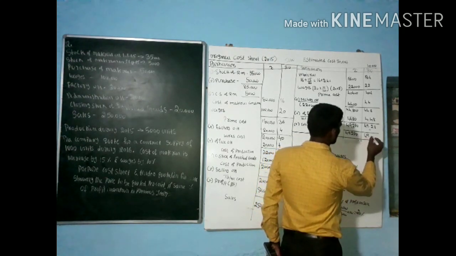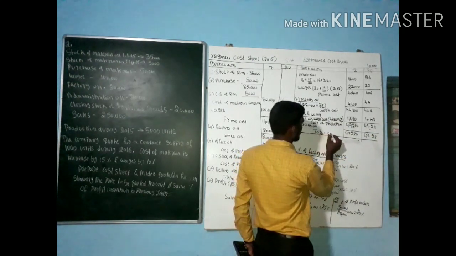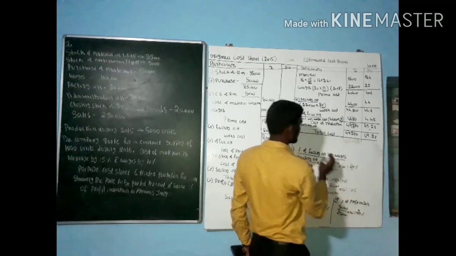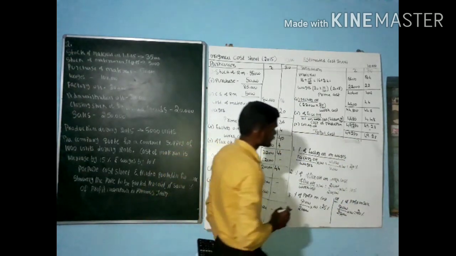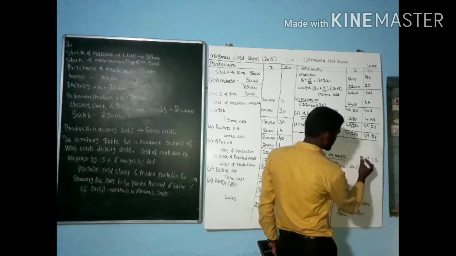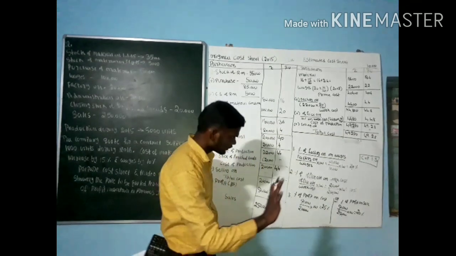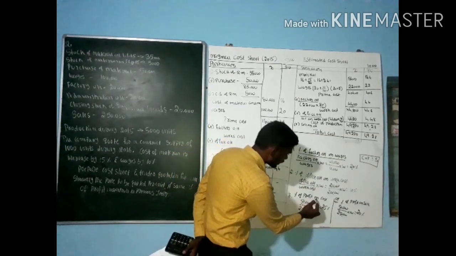Then 49.28 is called your total cost. For the total cost, we need to identify profit and sales here. Take it as cost plus profit equals sales here.